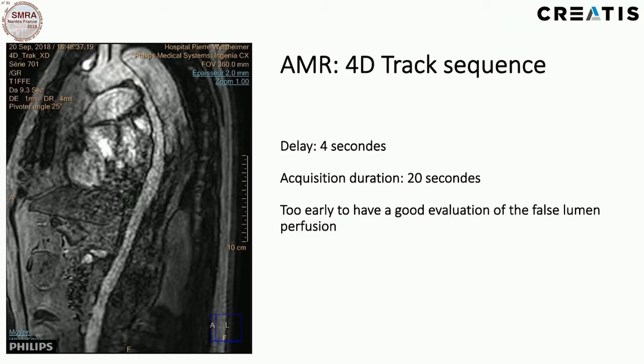It was too short to have a good evaluation of the false lumen at the level of the rupture. And we don't know what the speed of the perfusion in the false lumen is. Is it partly thrombosed or not? So it was quite tough to determine which VENC we have to fix.